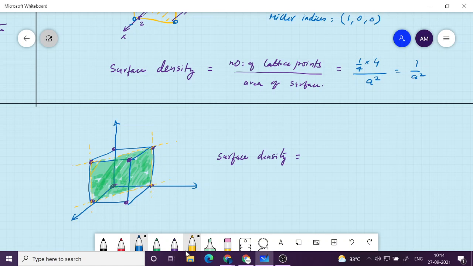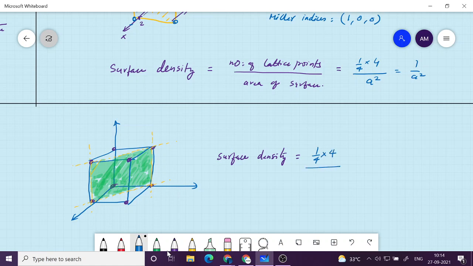Each corner atom is shared by four such surface areas. So effectively only 1/4 is becoming part of one particular surface. So 1/4 multiplied by 4.